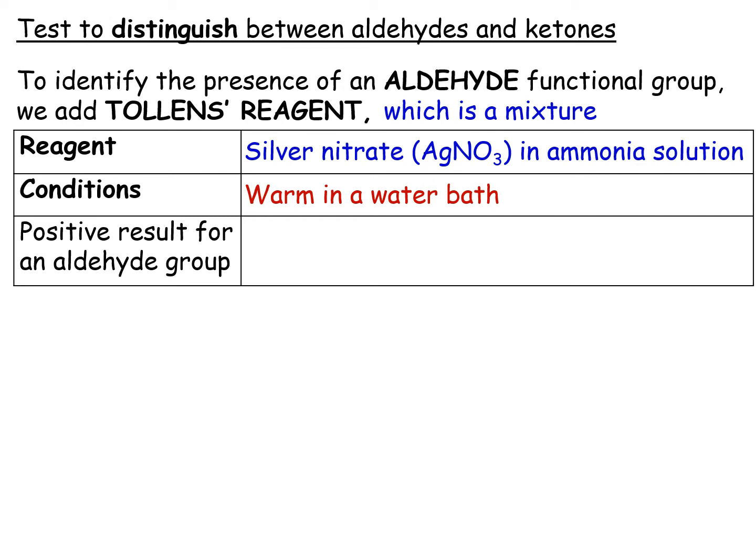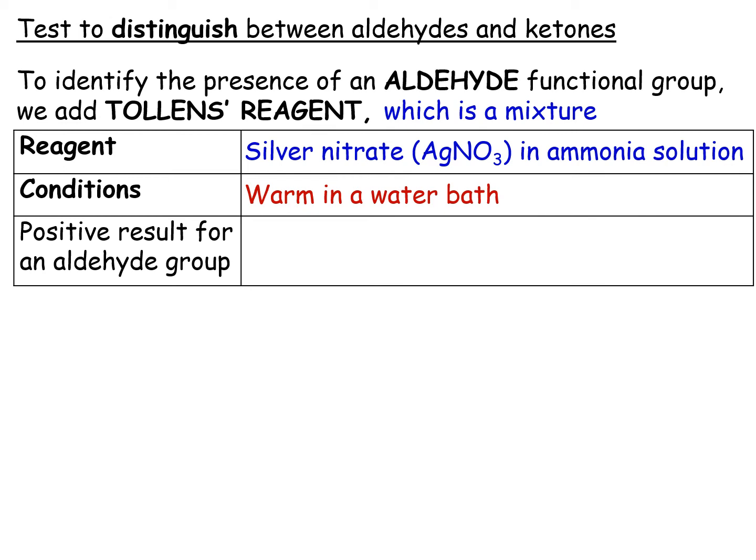It's not powerful enough though to oxidize an alcohol. Okay, that's important to note when you're looking at considering identifying lots of different organic compounds. So Tollens reagent is really good at distinguishing between an aldehyde and a ketone. It will only cause this positive result for an aldehyde.